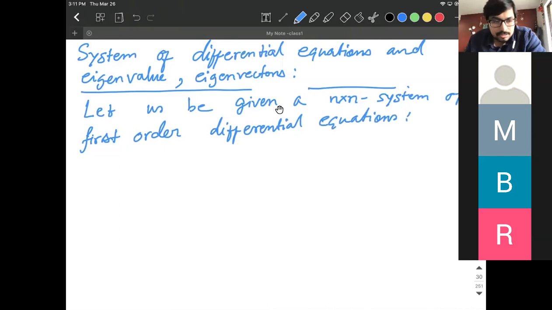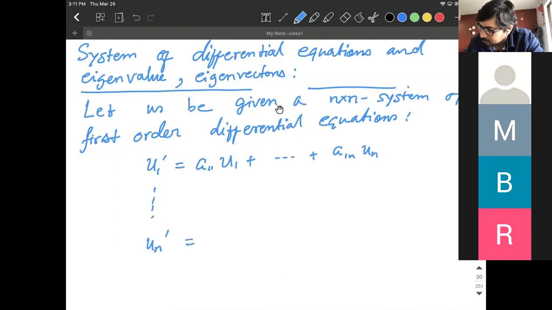Okay, so how do they look? u1 prime equals, so I'm following exactly the lecture notes. So this is our system.